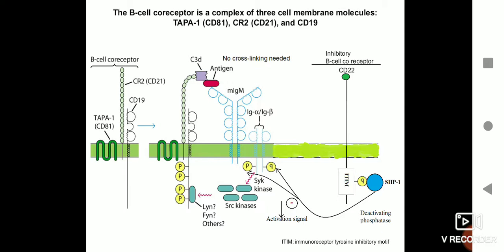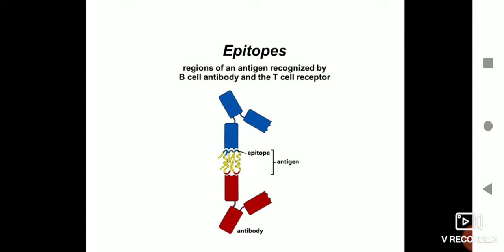Thus, the B cell activation is inhibited. This is how CD22 functions as an inhibitory B cell co-receptor, right? So, the B cell co-receptor which activates the B cell is a complex of three molecules called TAPA1, CR2 and CD19. There is also an inhibitory B cell co-receptor which is called CD22, right?